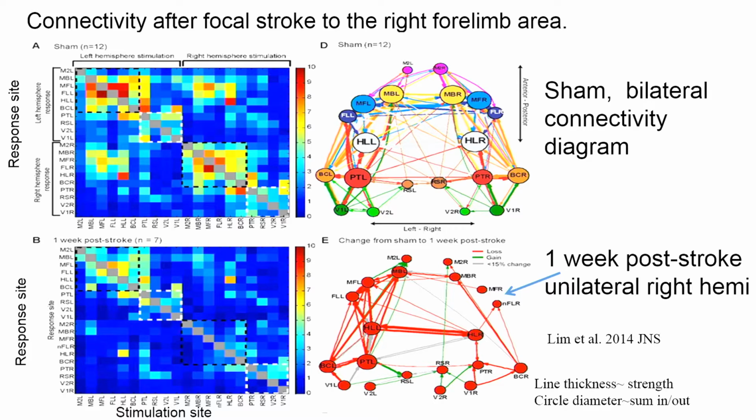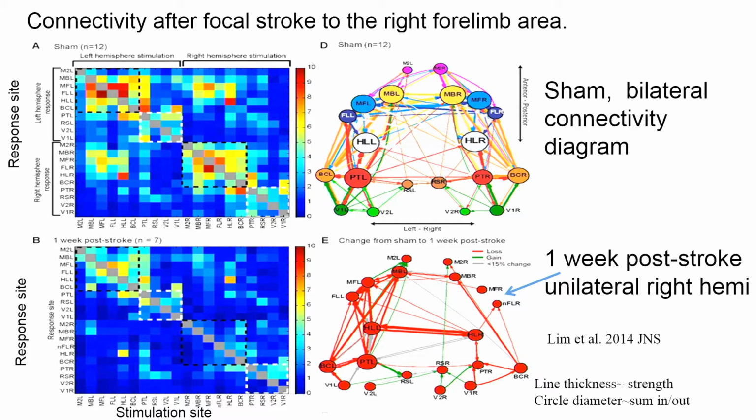So we knock that out and we confirm that histologically. We don't produce any damage in the other hemisphere, but what we see is if we just do very simple color coding here, now we color code every connection that goes down by more than 15% red, and this is 1 week after stroke. What you see is there's a lot of loss of connectivity around the infarct, but the other hemisphere is also going down in connection strength.